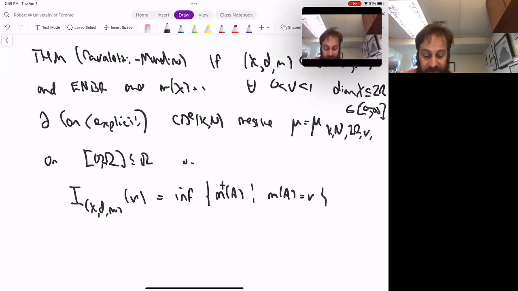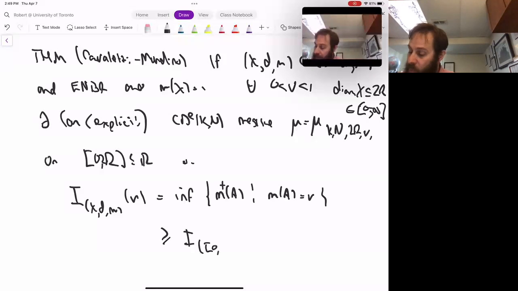And it says that this thing is bounded below by its value in a one-dimensional space. Basically, that's what it says. In a one-dimensional space with this measure mu.